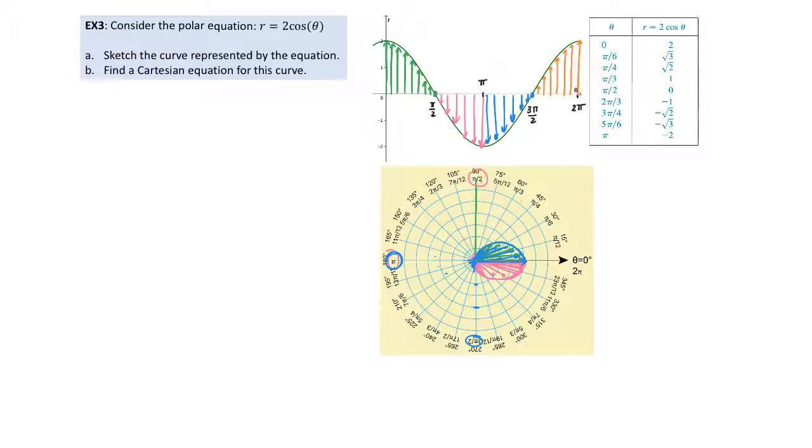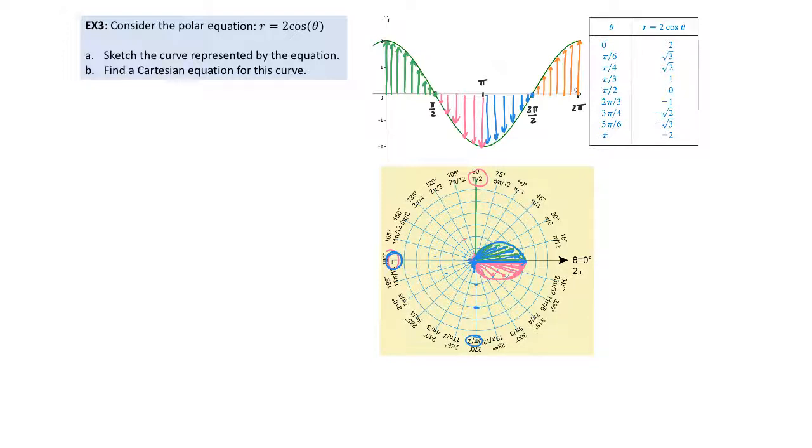And if I now do the orange part from 3 pi over 2 to 2 pi, the rays are coming from 0, from the pole, and notice how they're getting larger and larger. Eventually at 2 pi, r is equal to 2. Let's go ahead and mimic that. I'm going to change to orange.